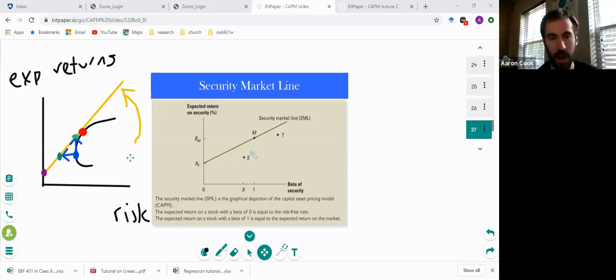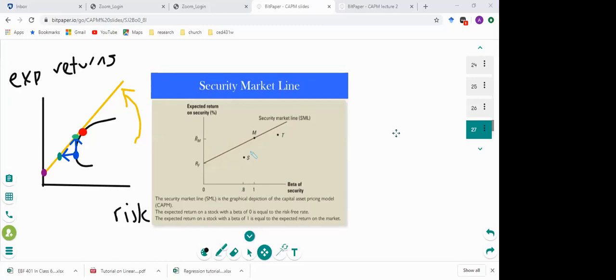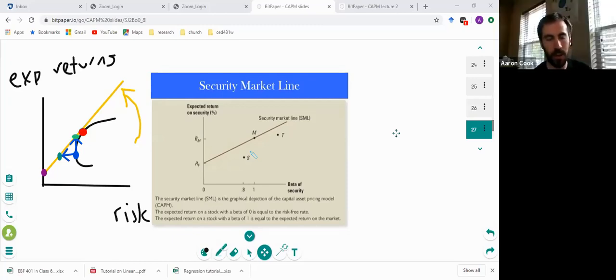So you would unambiguously prefer either of those green dots to the blue dot. That's an example of how, with a combination of two assets and a risk-free rate, anything on the yellow line dominates anything below the yellow line. Because remember, we're trying to get as far up into the northwest corner as we can.